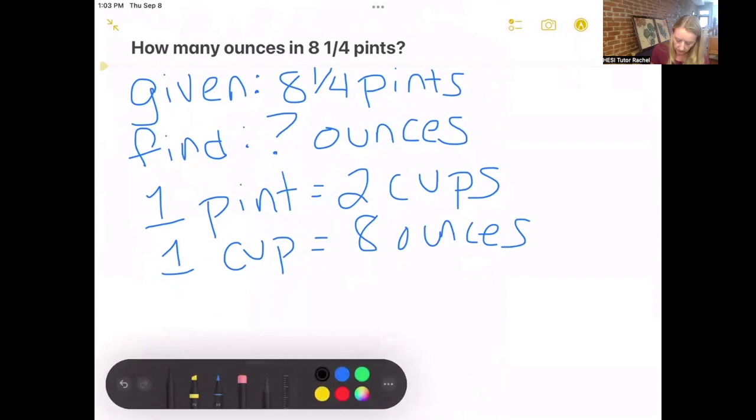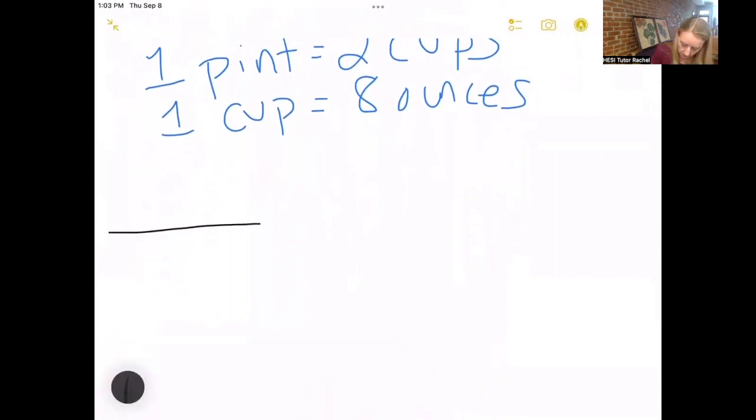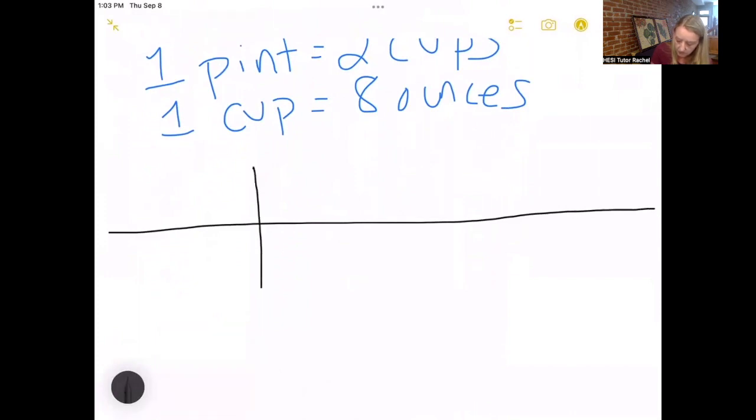Next step, as always, is going to be to draw our grid. Make it take up a little more space. You can always add to this when you realize you need more space, but I know because we have 2 steps in the conversion that I'm going to need 1 more space in my grid. And you'll see how we're going to use that.